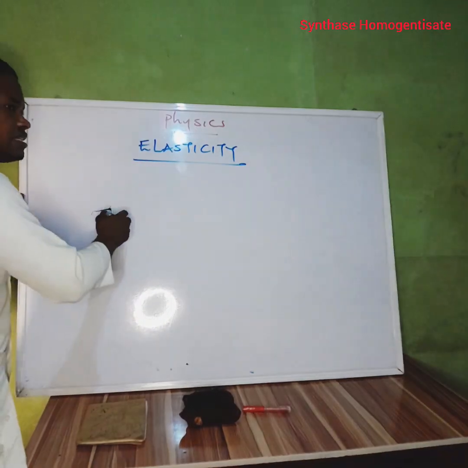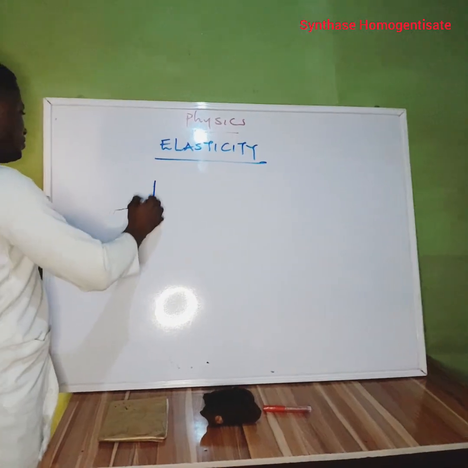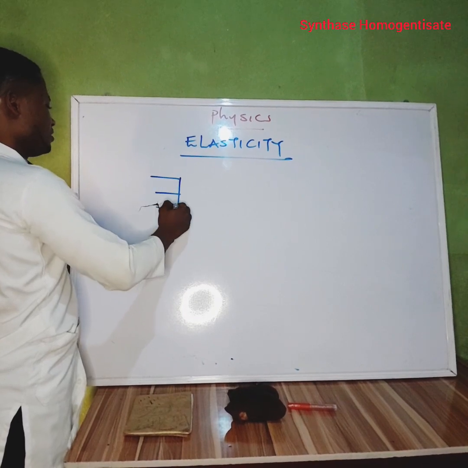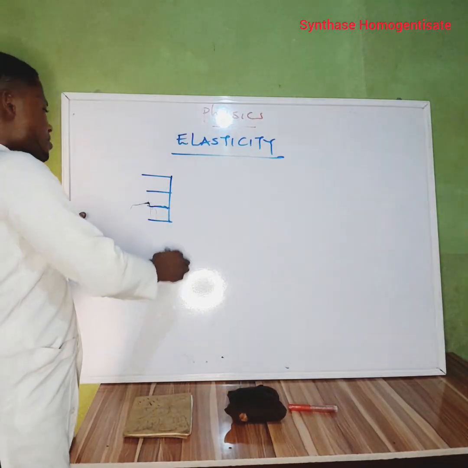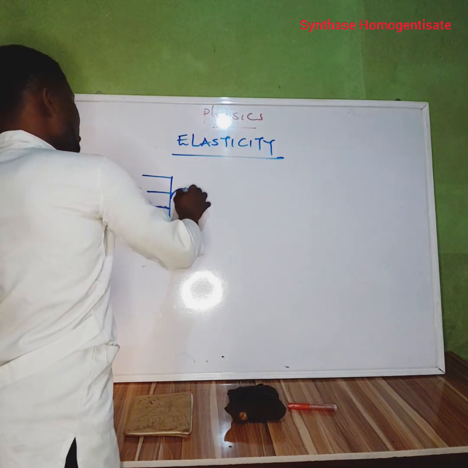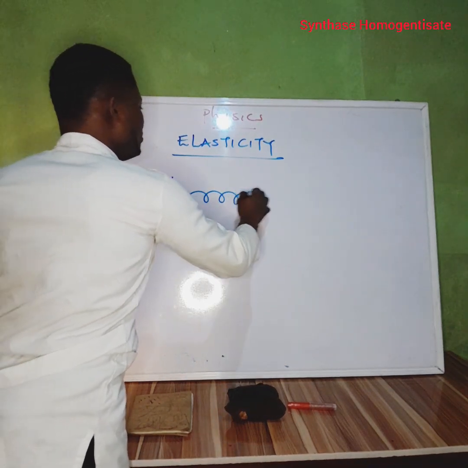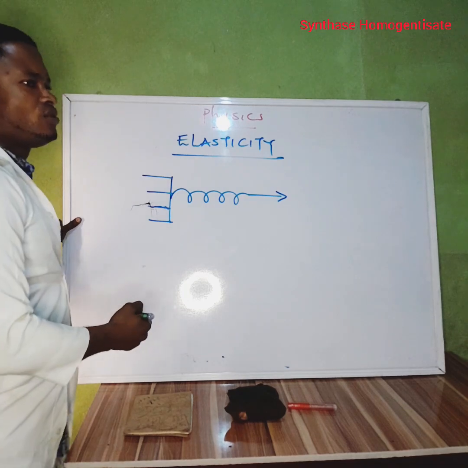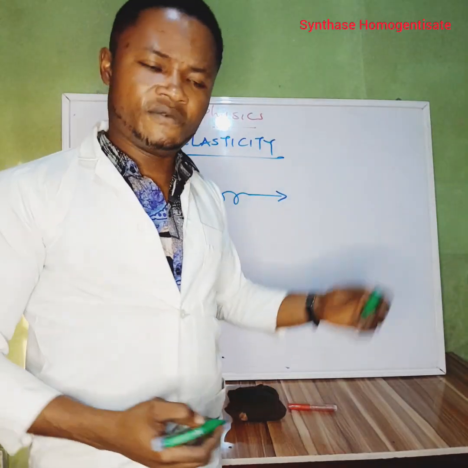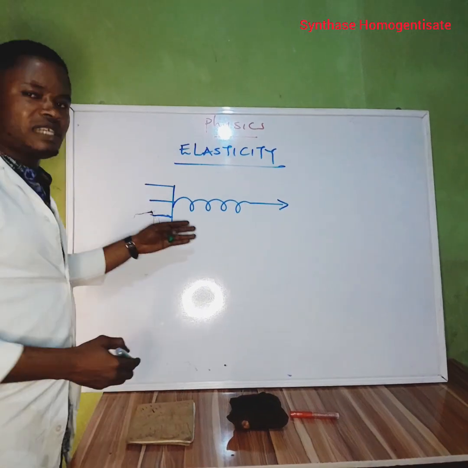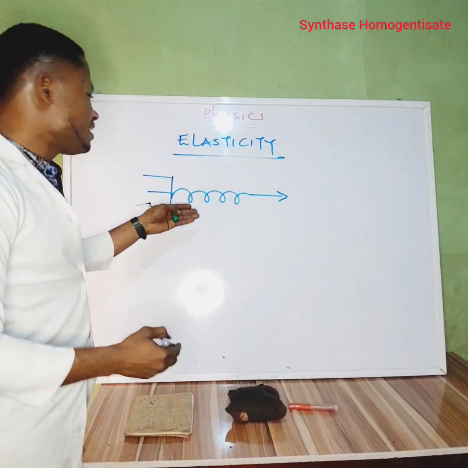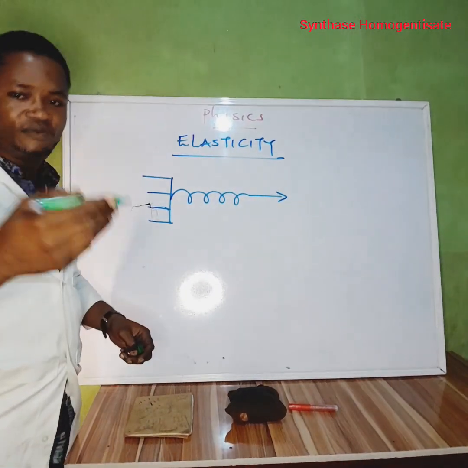Now let us suppose that this is a fixed point. And if you consider this elastic object that is attached to one end of the fixed point. Now, under normal circumstances, this object has a 0 Newton force.